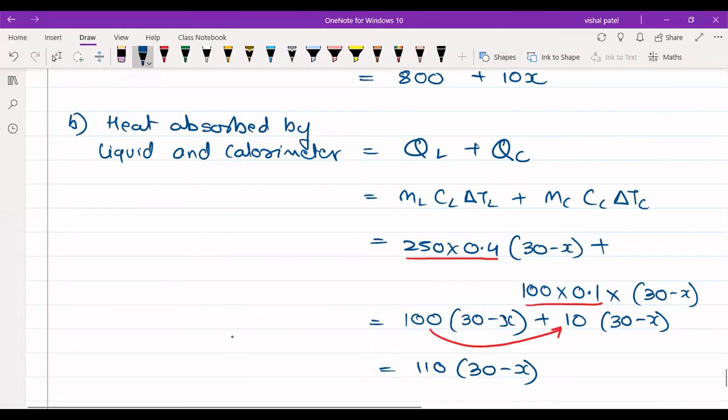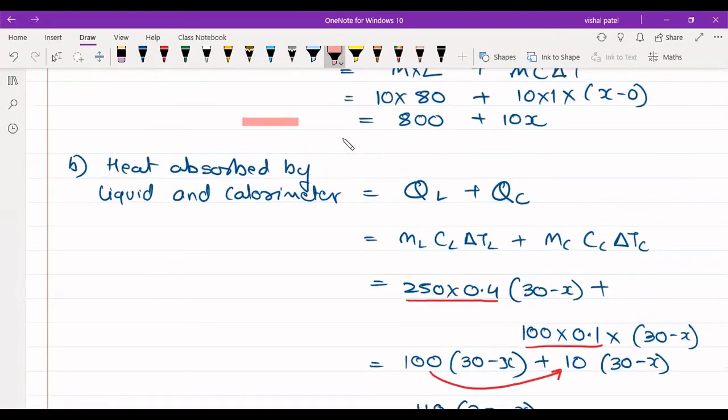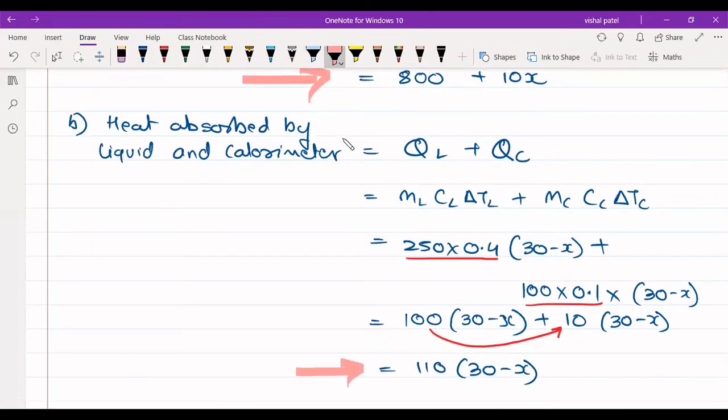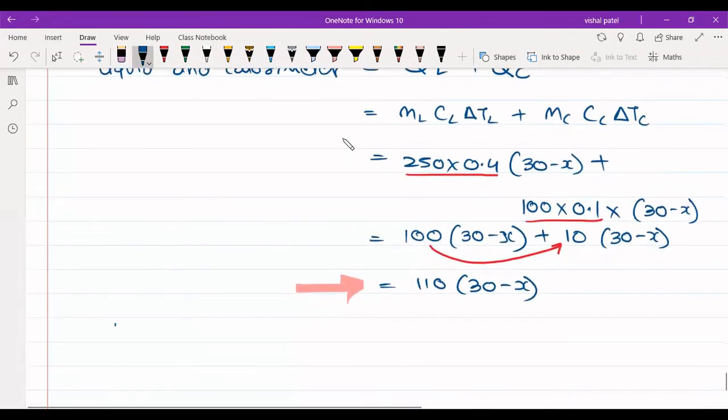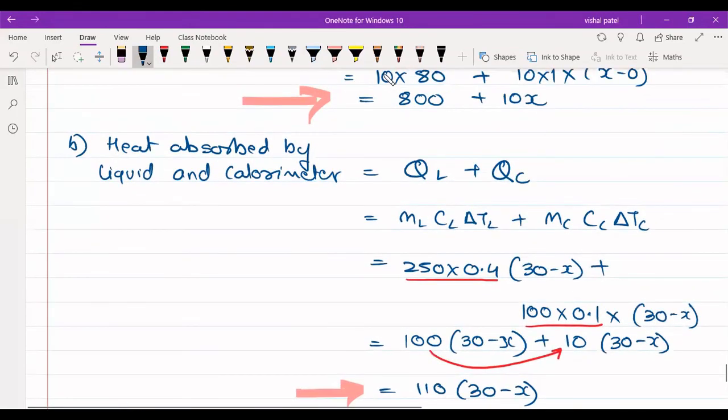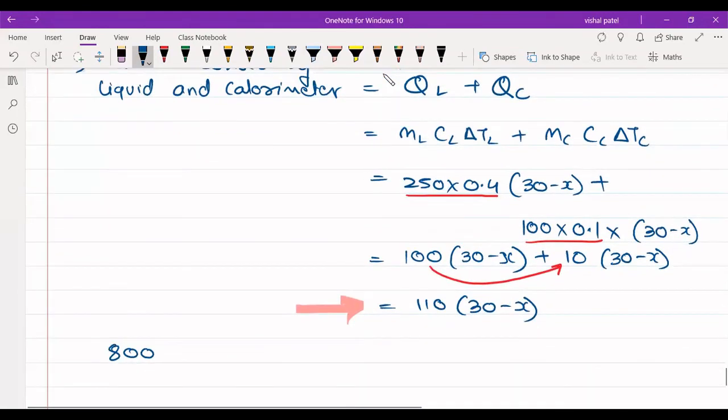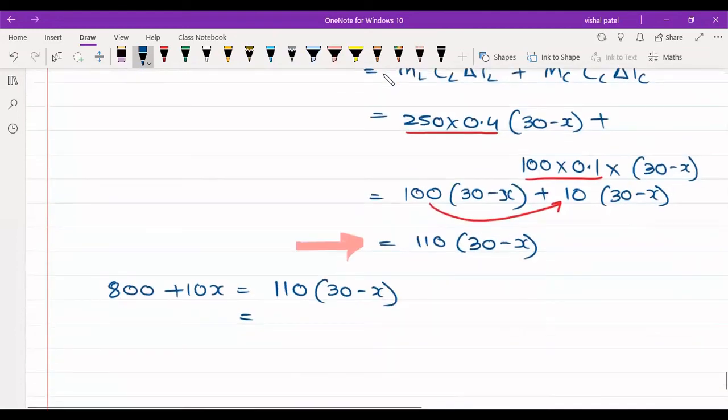So see this, students. This is the heat given by ice and this is the heat absorbed by the liquid, so I'm going to equate both the heats. What will I get? 800 plus 10x equals 110 into (30 minus x). Now I have to just solve this.